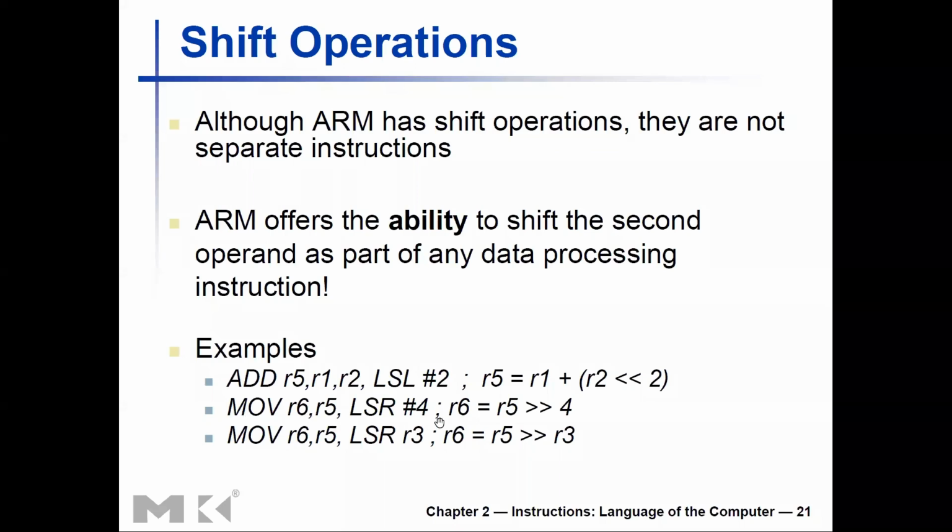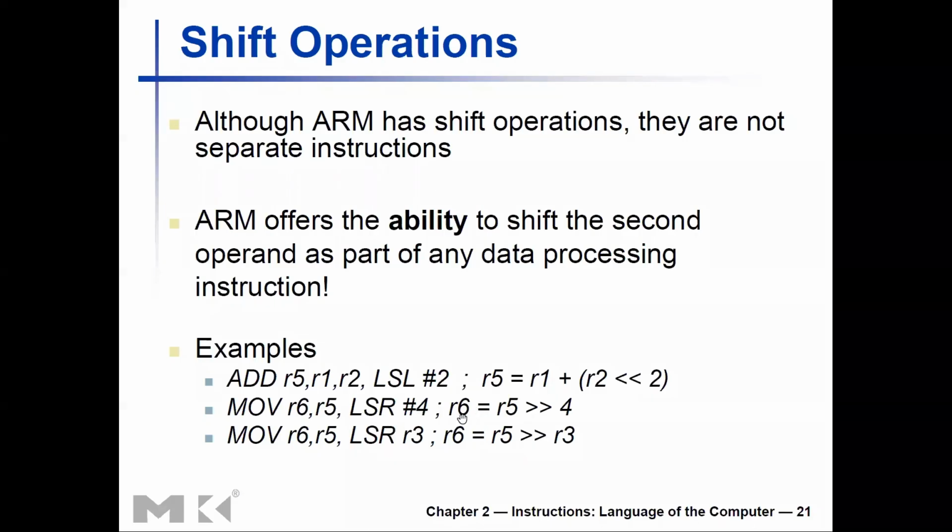When you wanted to put a value into a certain register, you used this move instruction. But when you want to perform a shift operation, you can also use this move instruction. Instead of moving R5 directly to R6, you shift the value in R5.